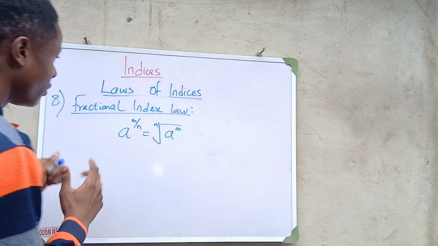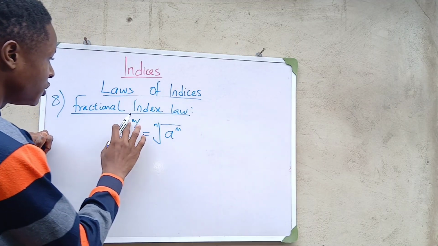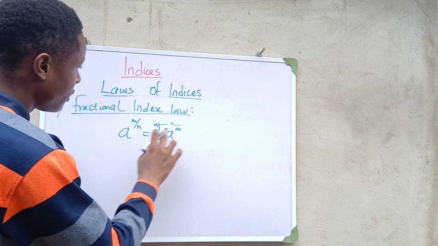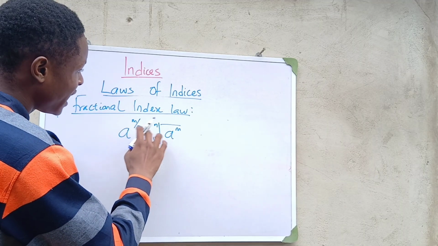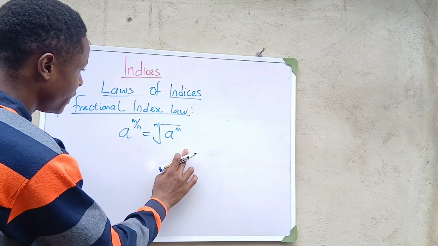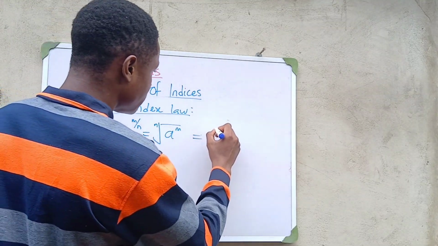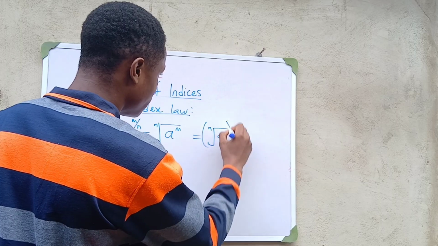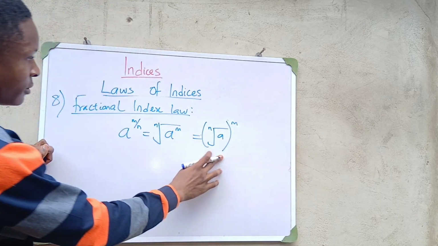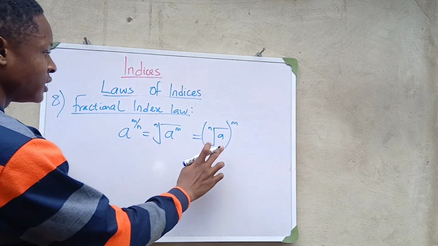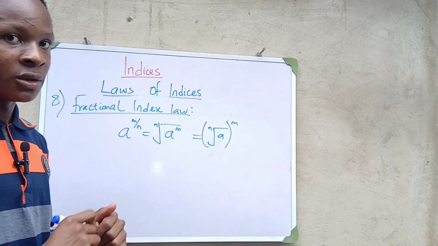So what we are basically saying here is that the numerator, which is m, has become the power of a, while the denominator, which is n, has become the nth root of a. So this is the same as, we can put this as the nth root of a all raised to power m. It's still the same thing as this. You can either use this or this, depending on the one that is most appropriate in the equation.